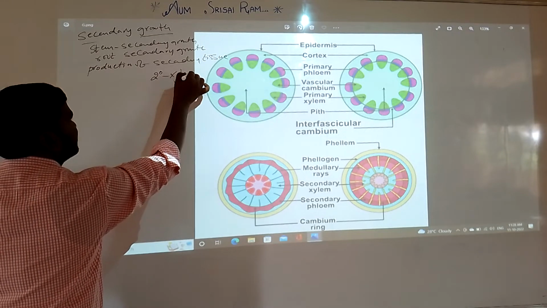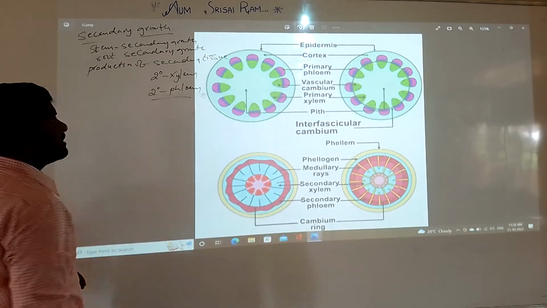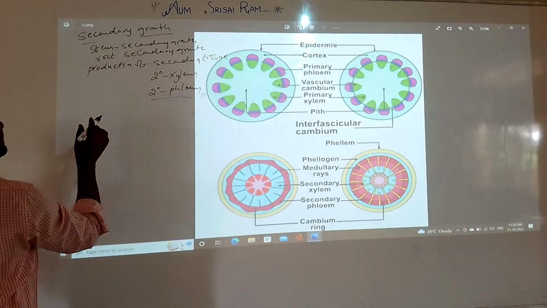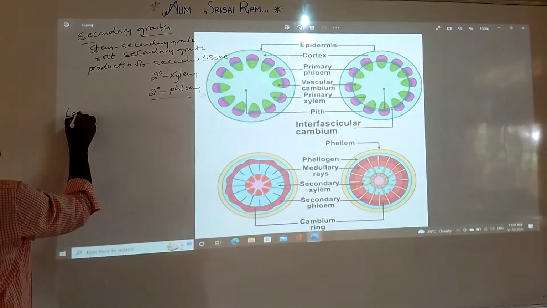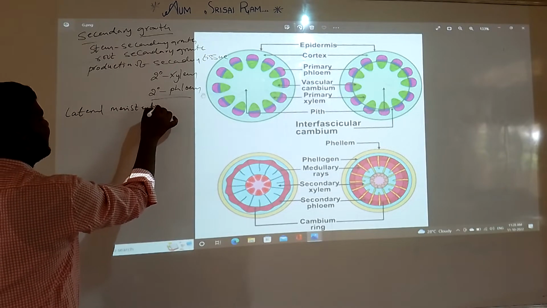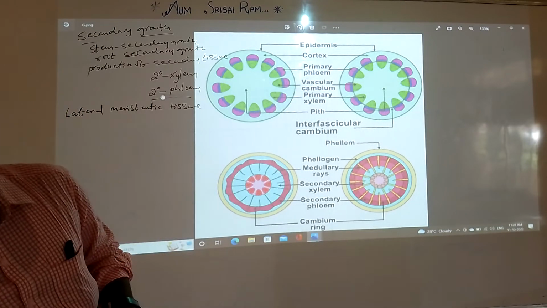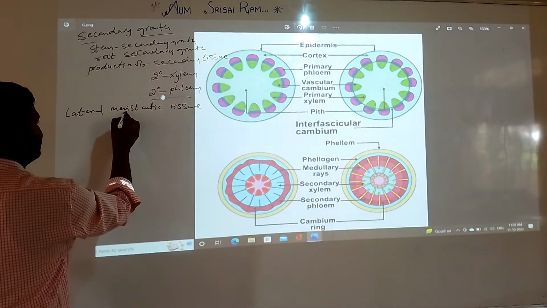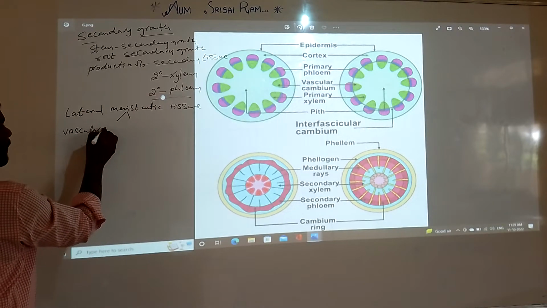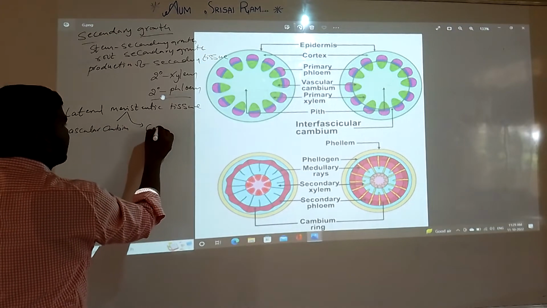Secondary xylem and secondary phloem. Okay? How are the secondary xylem and secondary phloem produced? In the stem and root, secondary xylem and secondary phloem are produced by the lateral meristematic tissue. This lateral meristematic tissue is going to produce two types of tissues. One is vascular cambium and the other one is what? Cork cambium.